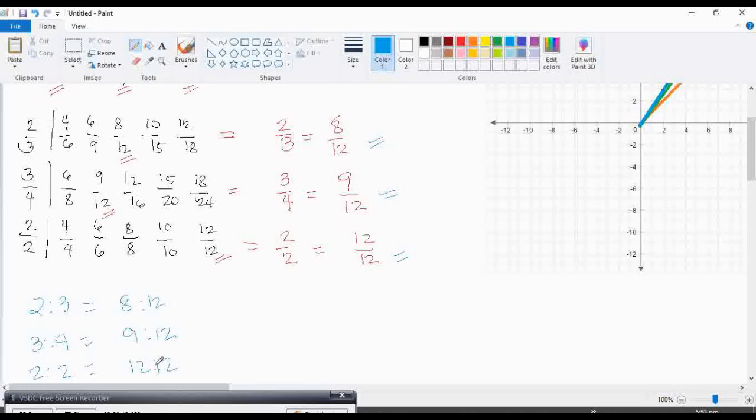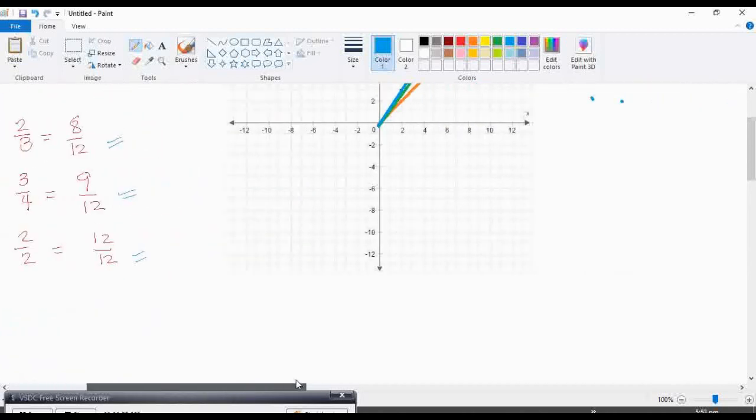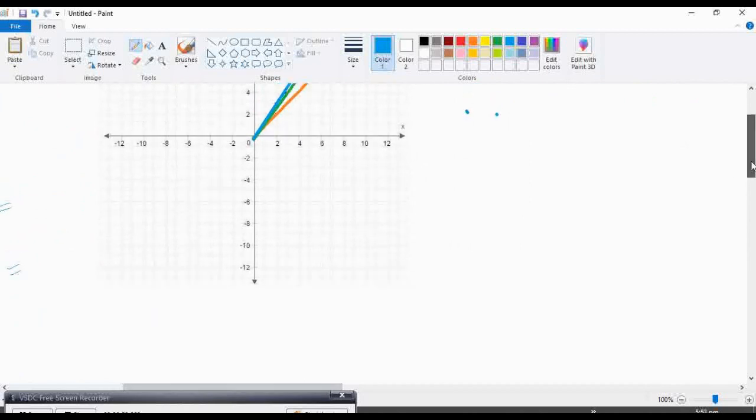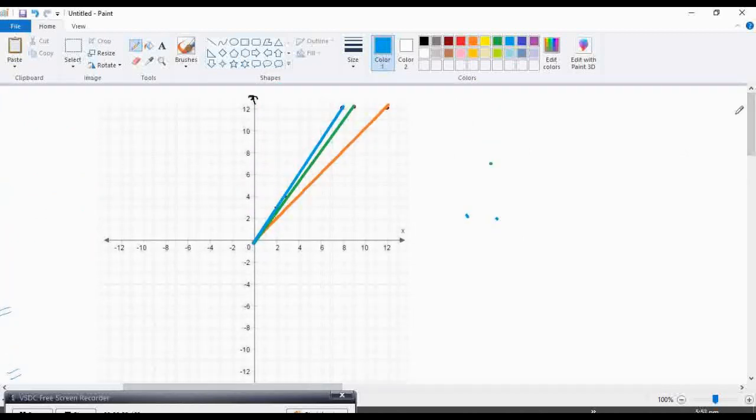So these are the ordered pairs that you can use in graphing your ratio. After finding the numbers, you can graph them in this graph. Always remember that. Always look for the X and followed by your Y-axis.